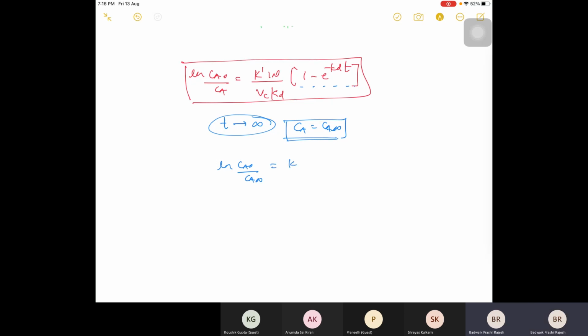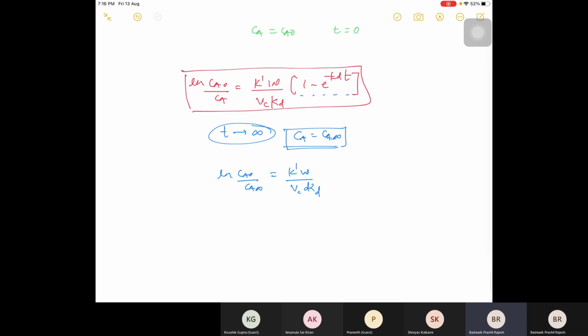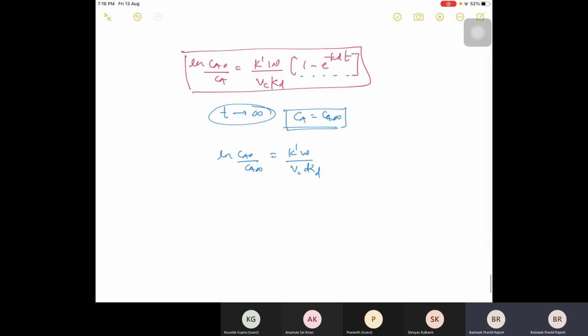CA infinite is equal to K' W divided by VC into this KD. VC is volume of catalyst, you can say. Or, no, it is not catalyst. In this case, it should be volume of reaction mixture, because I'm substituting in terms of this.